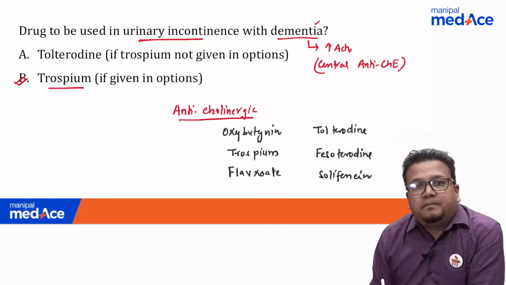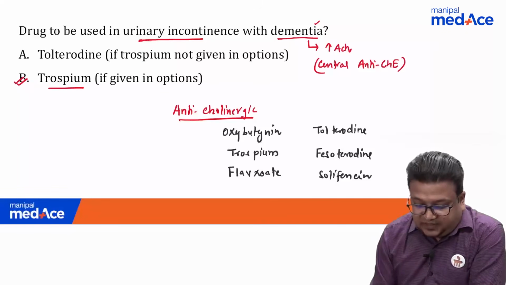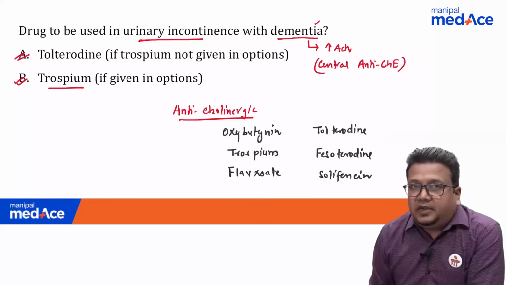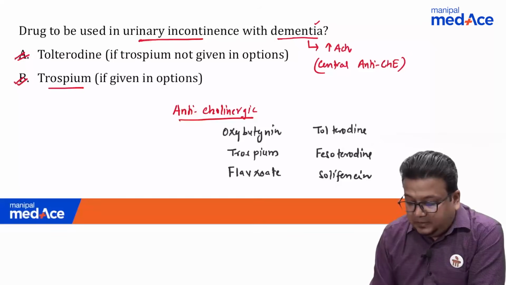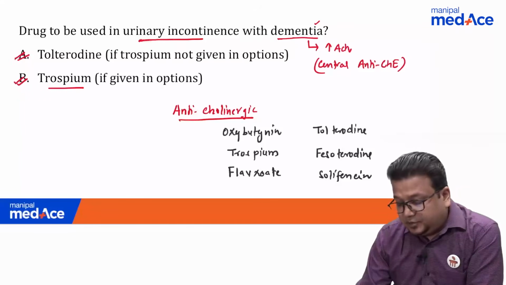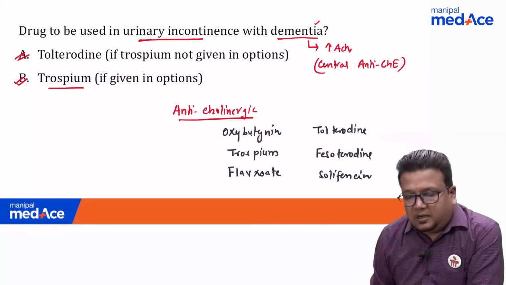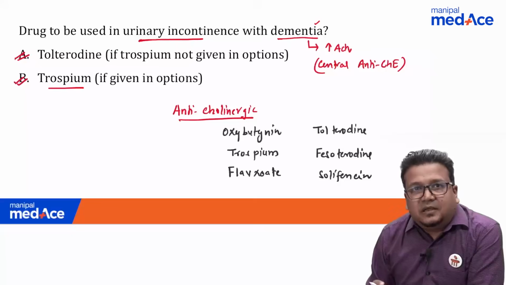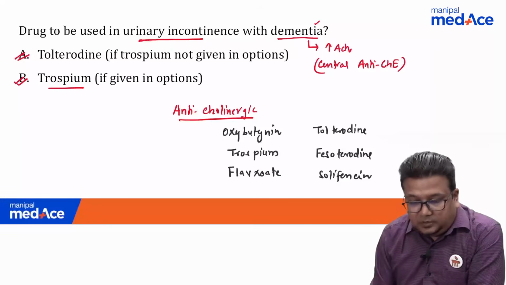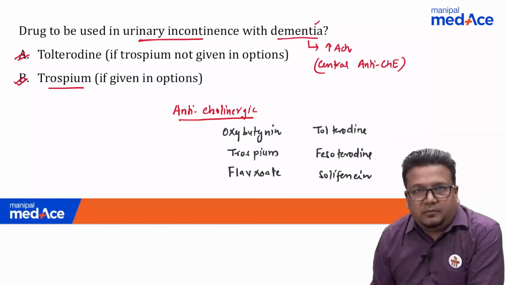However, if trospium was not given and the only anticholinergic given was tolterodine, then that would have been the answer. As I said, there is a difference of opinion among the students in this recall. So based on whatever was given, you would have marked the answer. The concept is, if the question was only asking urinary incontinence, then any of these anticholinergics, if given, would have been the answer.